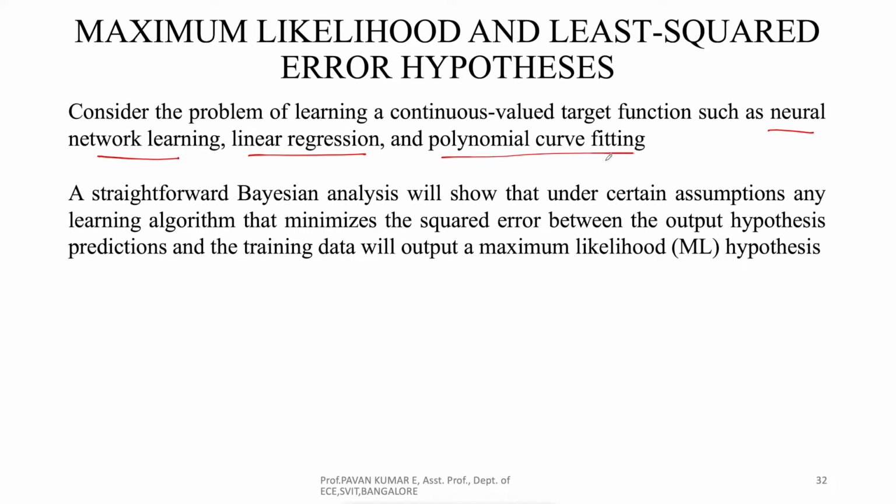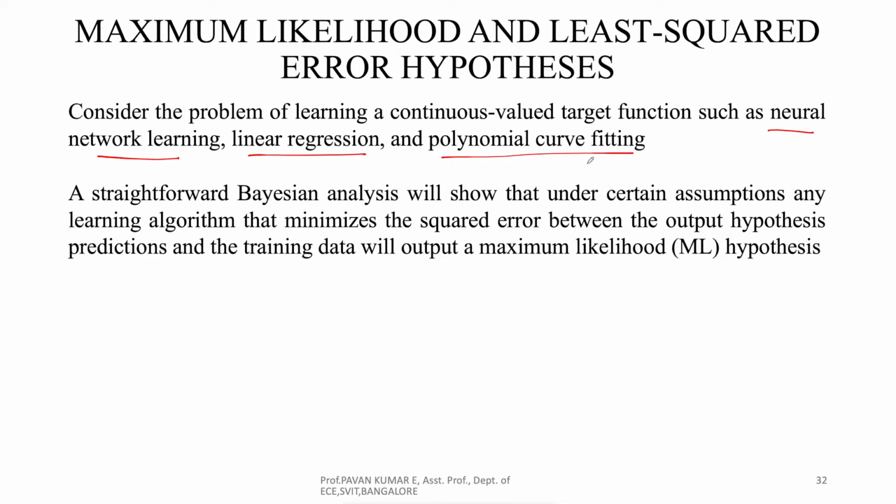So the thing is that it is a continuous learning process. If you have a continuous learning process, then a least squared error hypothesis will be generated. Okay, so what is least squared? It is nothing but finding the average error which we can accept.